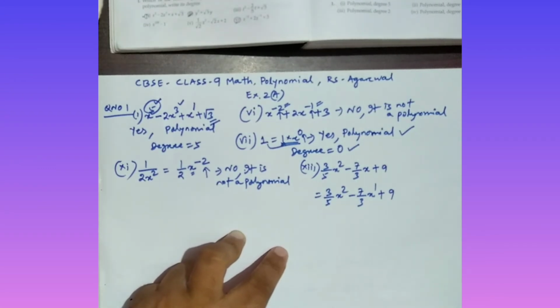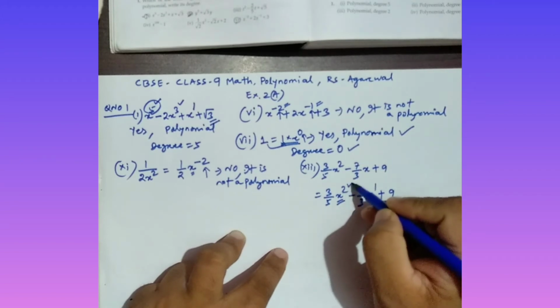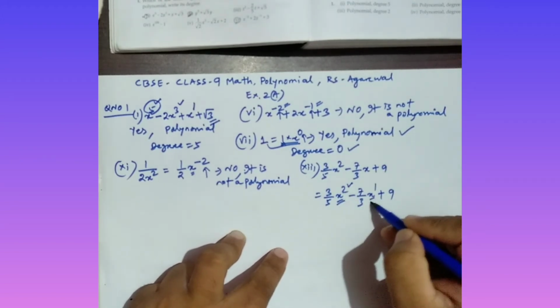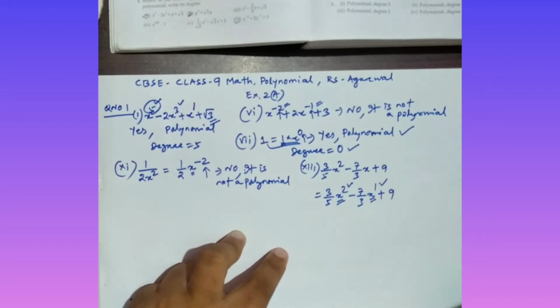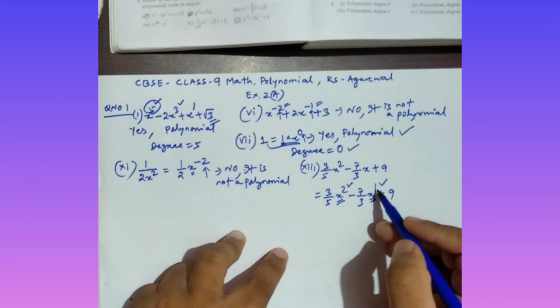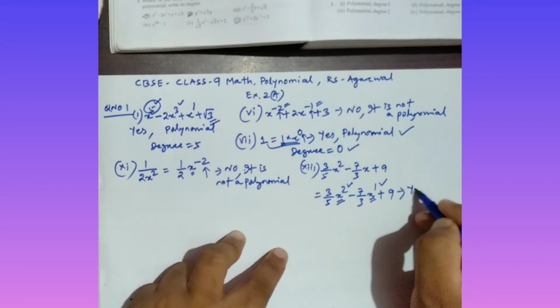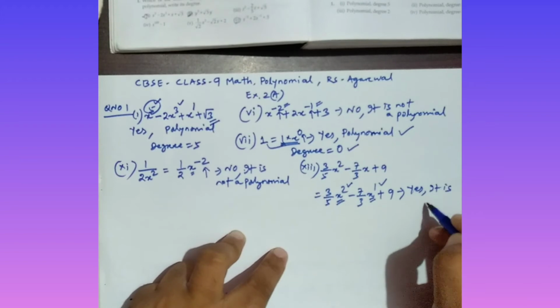Now look at the power part of the variable. x is the variable, power part is what? 2, positive integer. x is the variable, power part is what? 1, positive integer. So 2 is a positive integer, 1 is also a positive integer, that means whole number. So that is why you have to say yes, it is a polynomial.